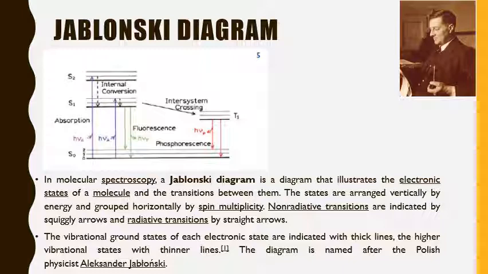Non-radiative transitions are indicated by squiggly arrows and radiative transitions by straight arrows. You can see here dashed or full lines. The vibrational ground state of each electronic state is indicated with thick lines, and the higher vibrational states with thinner lines.